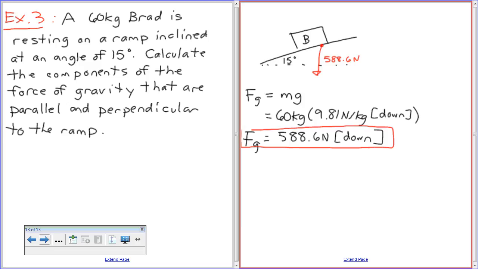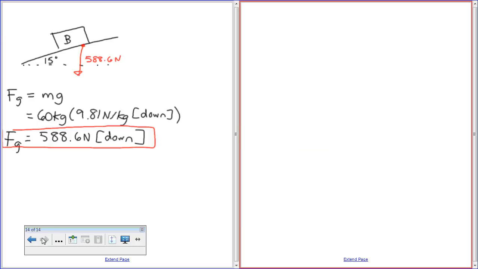Let's redraw this for a second, because this is the way you have to think here. In order to get the force of gravity, it's going to be the force horizontal plus the force vertical. Now the way you're saying, Chris, would work if you're adding this plus this equals this, but it doesn't.